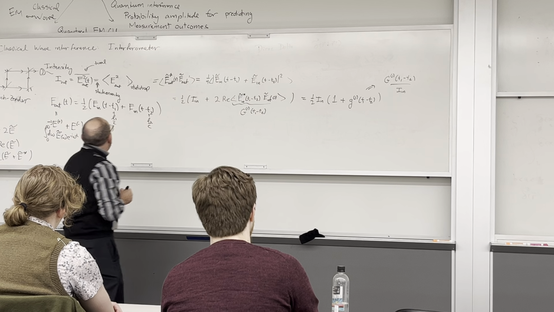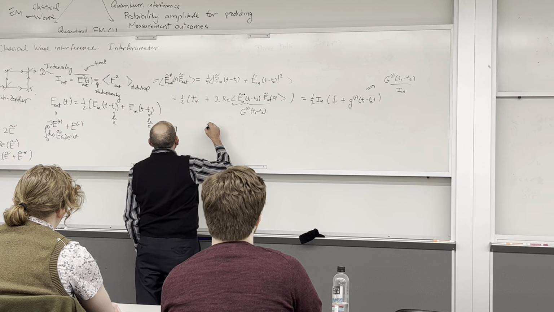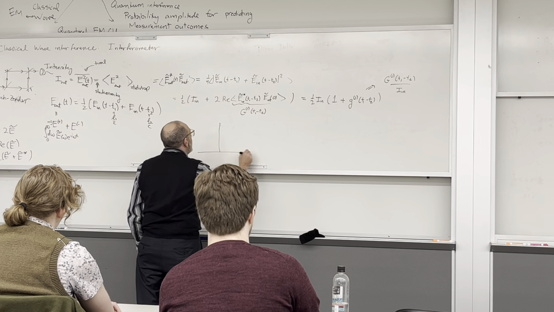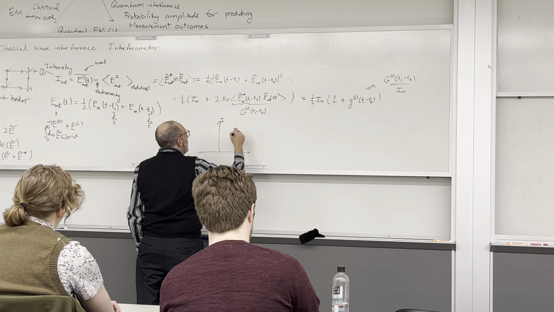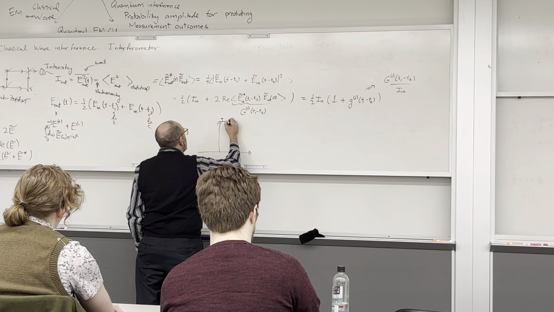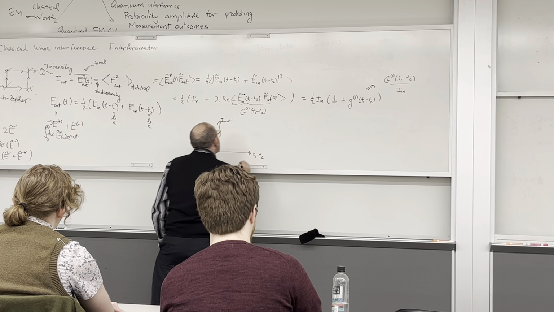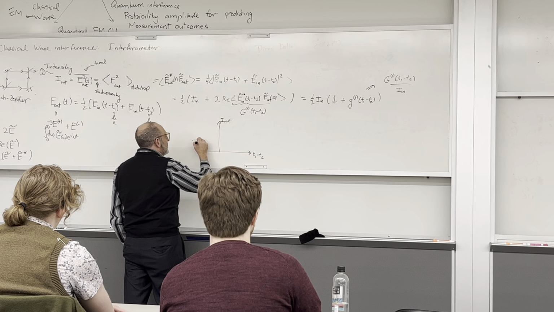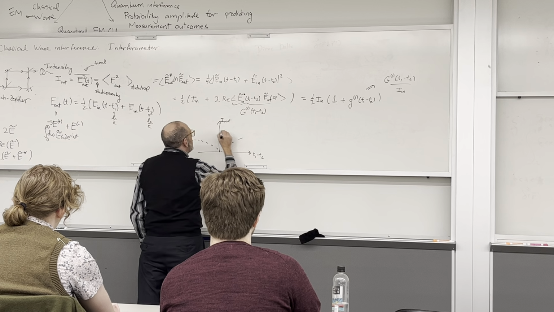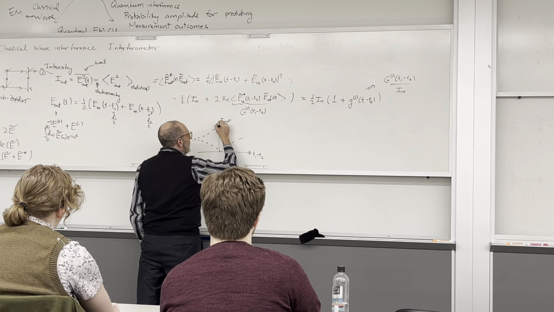So for example, in this Mach-Zehnder interferometer, if we plot this intensity at the output as a function of this, what we found, for example, we might see something that looks like this.